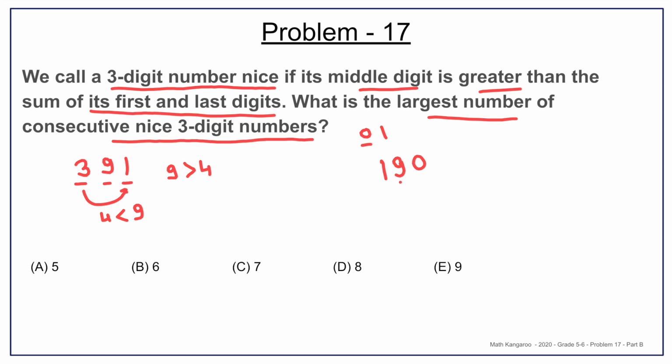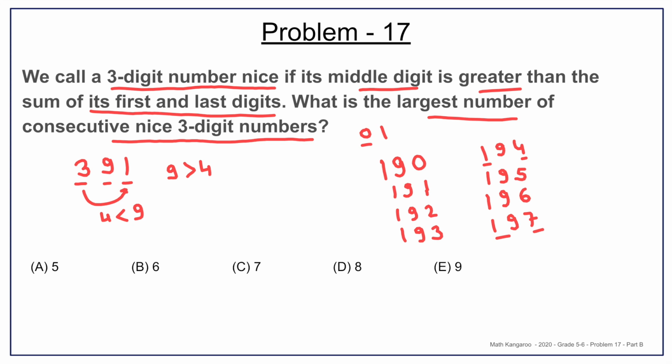So here the middle digit is greater than the sum of the first and third digits. Let's consider another one, 191, 192, 193, 194. The sum is again less than 9. 195, 196, and 197.